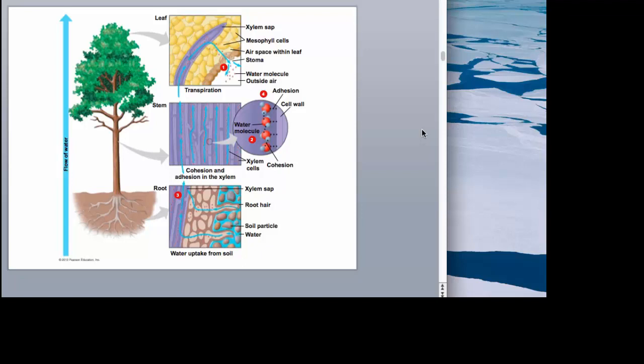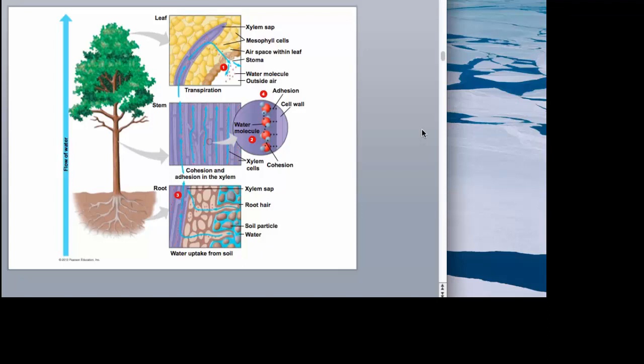So we've talked before that xylem vascular tissue is what helps us move water up the plant. They're the water conducting cells. The substance that's actually found inside the xylem is something referred to as xylem sap, and this is going to be water and some dissolved inorganic nutrients, minerals from the soil, whatever's small enough and the correct charge and polarity to be able to be moved along with the water.